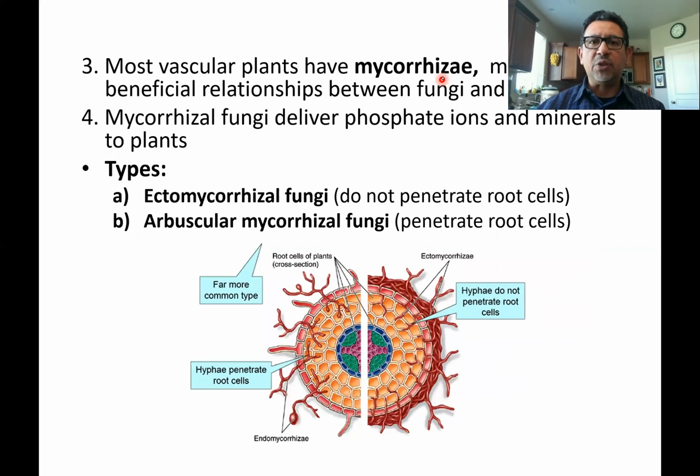There are going to be two kinds of mycorrhizae. There are those that stay only on the outside of the cells, like you see here, ectomycorrhizae. They may make it through the root, but they only grow in the spaces between cells, in between cell walls. Arbuscular mycorrhizae will be different.